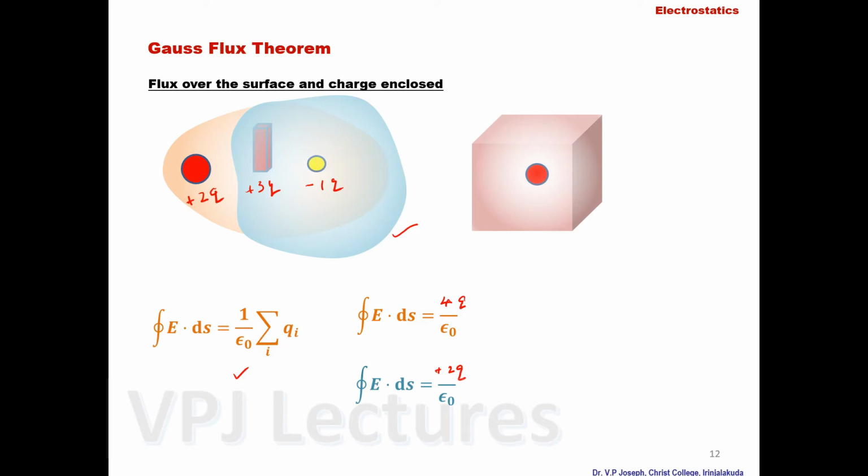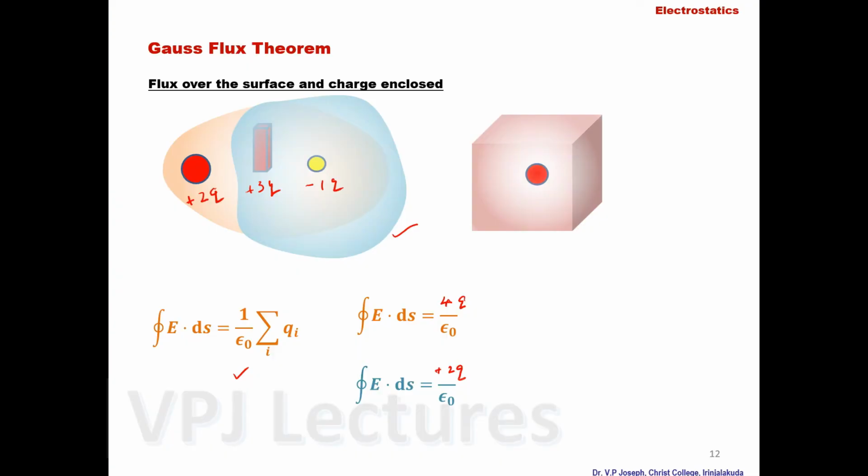Now another example, where the shape of the Gaussian surface is in the form of a cube. There are 6 faces, and the areas of all 6 faces are the same. If the source is placed at the center of the cube, then the flux coming out through each surface will be equal.